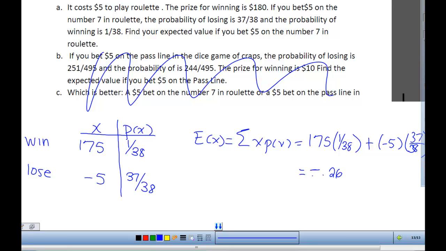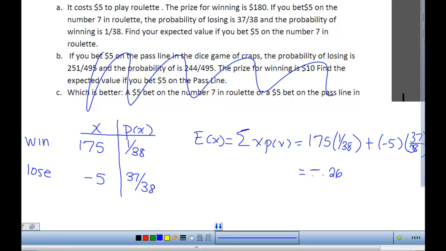According to this, the long run average is basically each person is dropping off a quarter. You just might as well count on losing that much. If we have a whole bunch of people play this game over and over and over, at the end of the night, we would expect to get an average of about negative 0.26. You've lost. Questions about that?